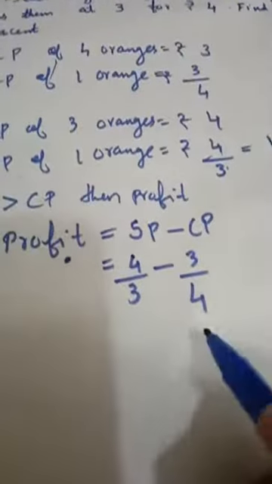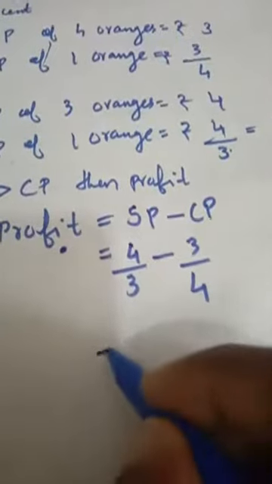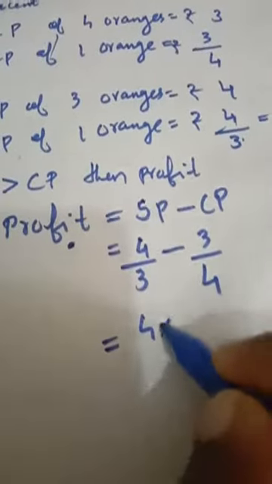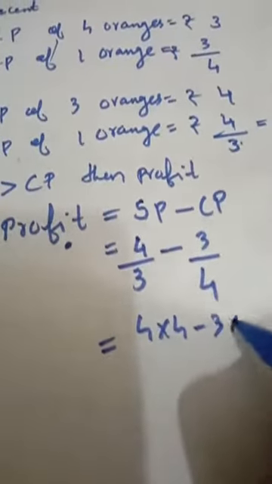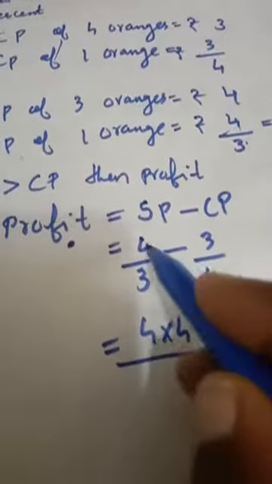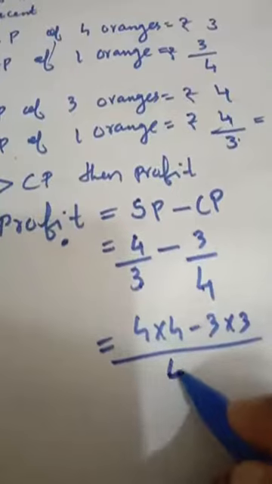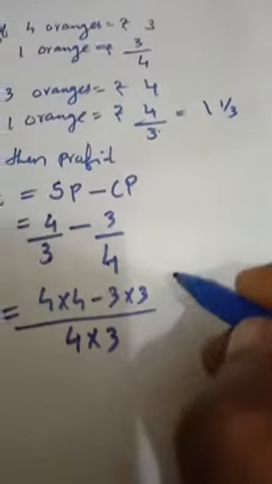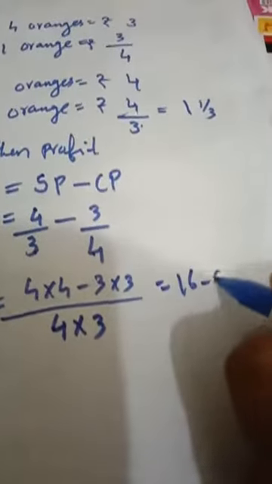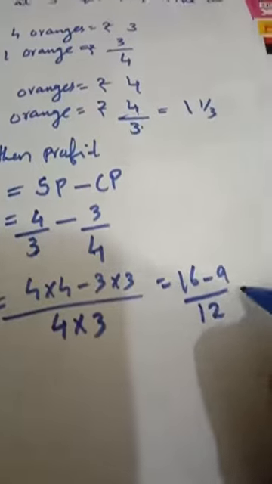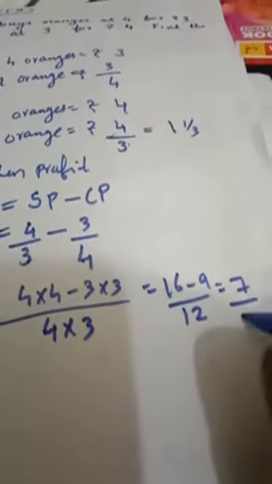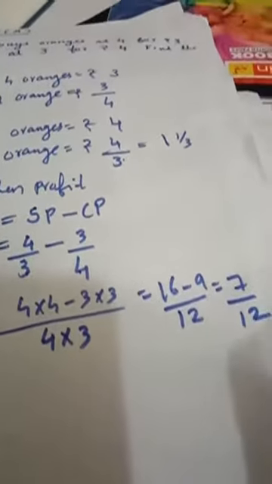Now taking the LCM, cross multiply: 4 into 4 minus 3 into 3 by 4 into 3, equal to 16 minus 9 by 12, equal to 7 by 12.